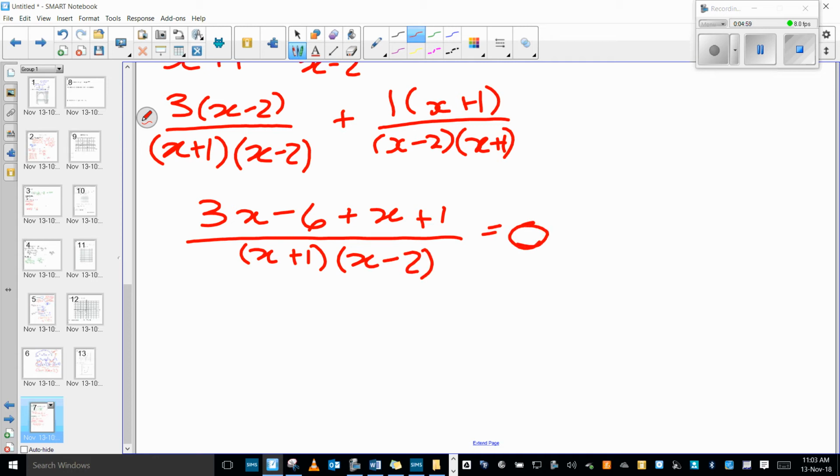And then you can simplify that even more to 4x minus 5. You can also expand the brackets in the denominator, but you don't have to. So I will keep it.